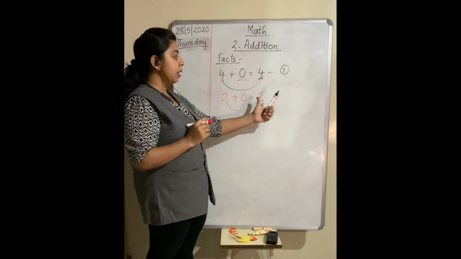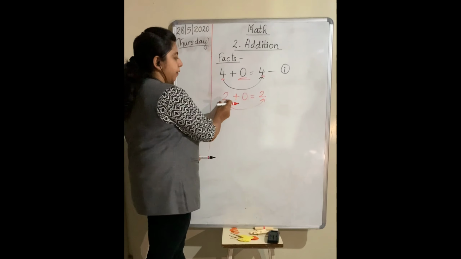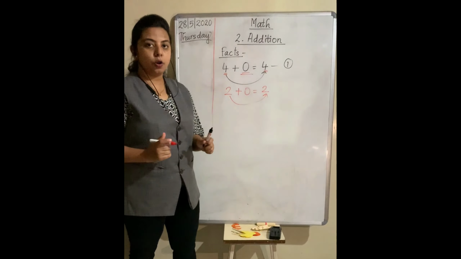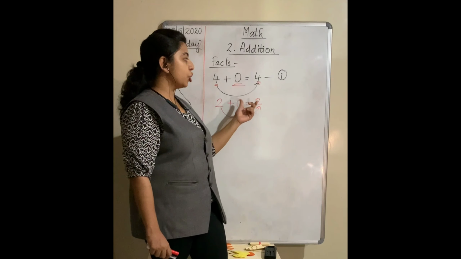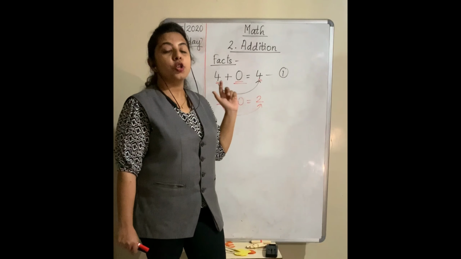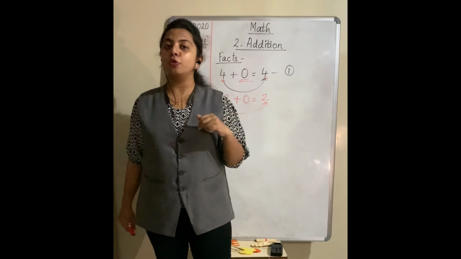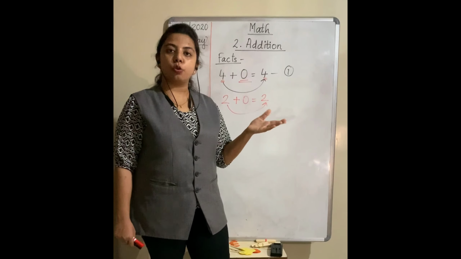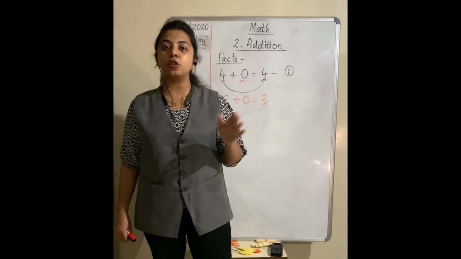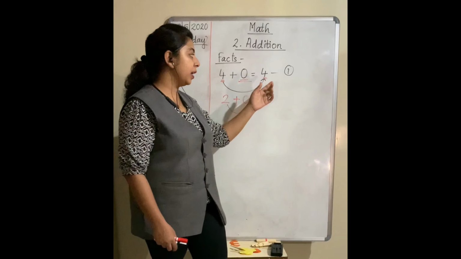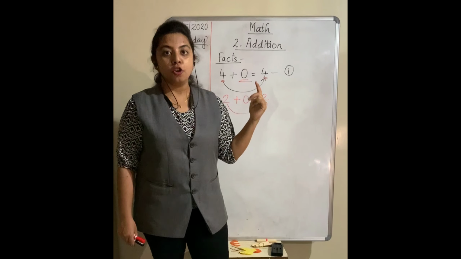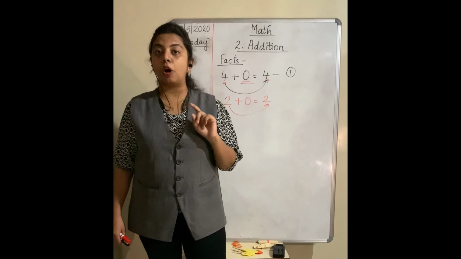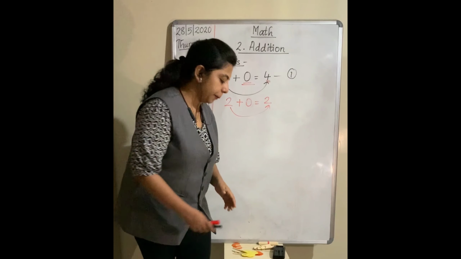The sum is not going to change. We have the same number. So 0 does not change the answer. From this fact we get to know that by adding a 0 to any number, the number remains the same itself. So this is fact number 1, or trick number 1.